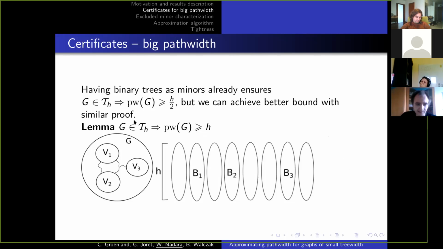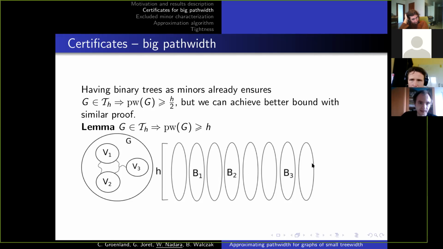However, we know that V1 and V3 induce connected graphs, and there is a path avoiding V2. So actually, there is a path between vertices from B1 and vertices from B3, which is a contradiction. Hence, this path decomposition needs to be at least one vertex bigger.